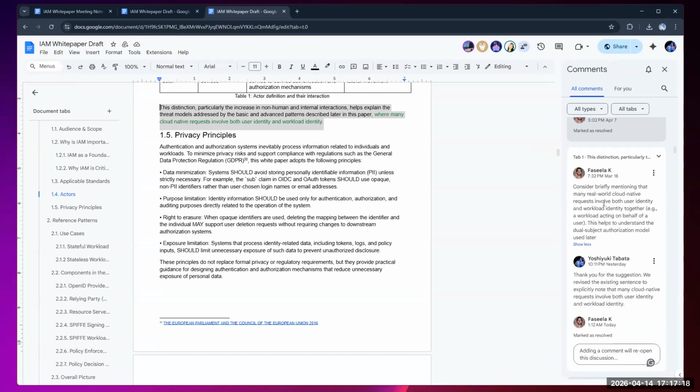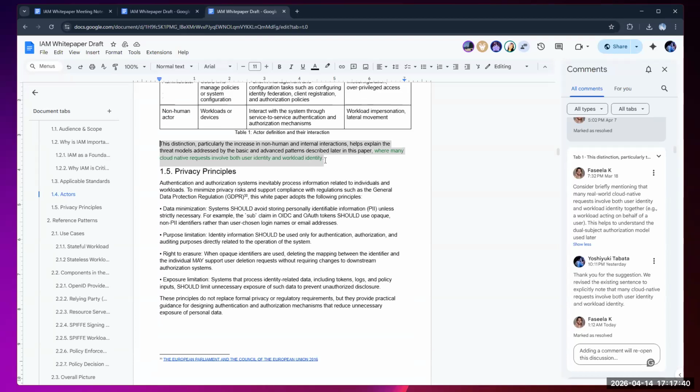This was one more comment: consider briefly mentioning that many real-world cloud-native requests involve both user identity and workload identity together, for example, a workload acting on behalf of a user. This helps to understand the dual subject authorization model used later.